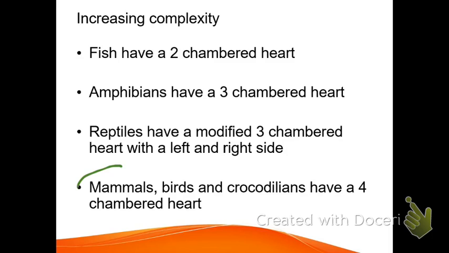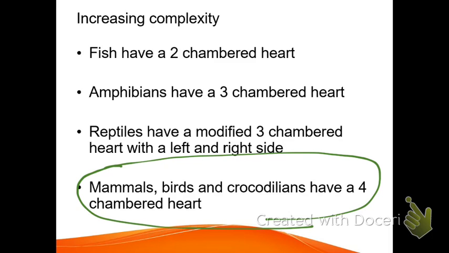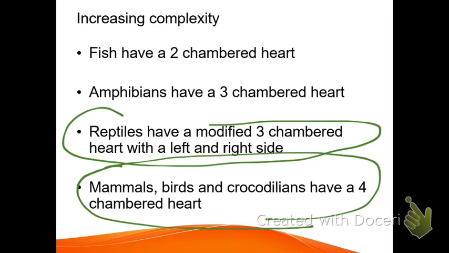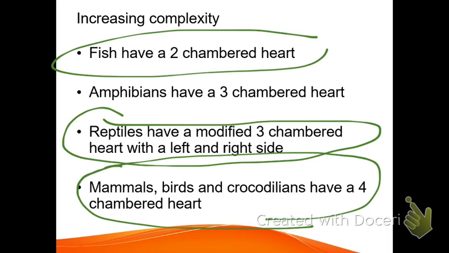Mammals, birds, and crocodiles all have four-chambered hearts. Reptiles, slightly less complex, maybe a slightly further back common ancestor, have a modified three-chambered heart, and going back to fish, so way back for a common ancestor, still quite simple, they have a two-chambered heart.